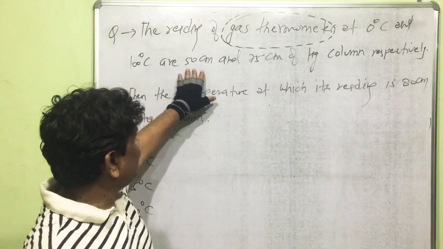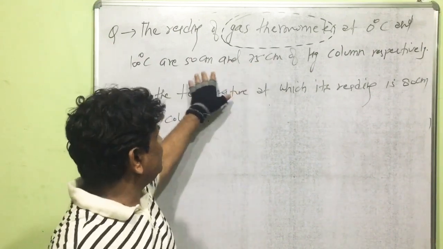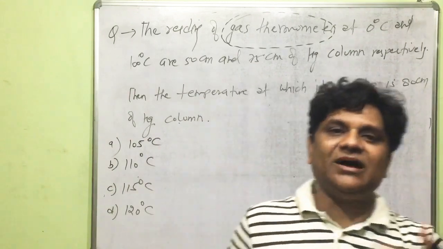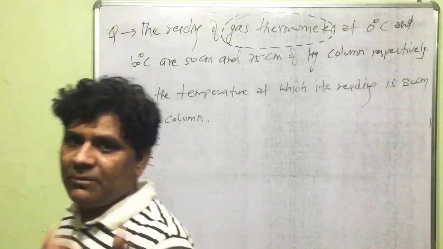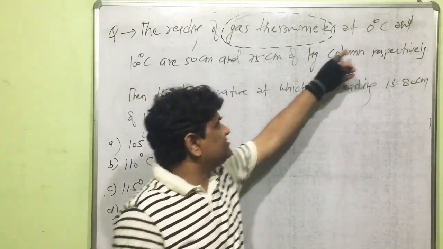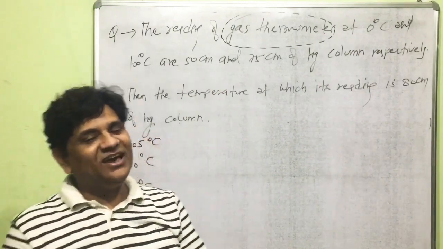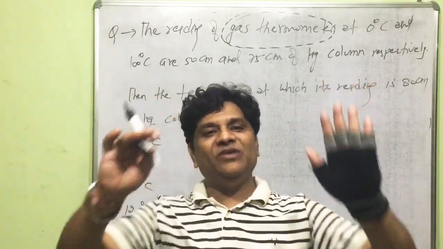Here the height of the mercury column changes. Pressure is given in terms of the height of the mercury column. So when temperature changes, the height of the mercury column changes, meaning pressure changes. And if pressure changes, volume will be constant.